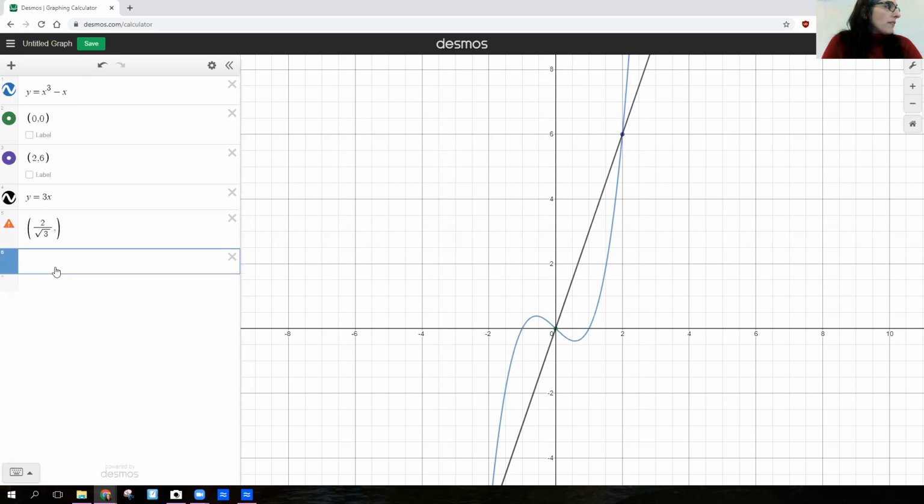What would be the y value of that? 2 over the square root of 3, cubed. What am I doing right now? I'm putting that number into the original function so that we can get a point on the curve at our x value.